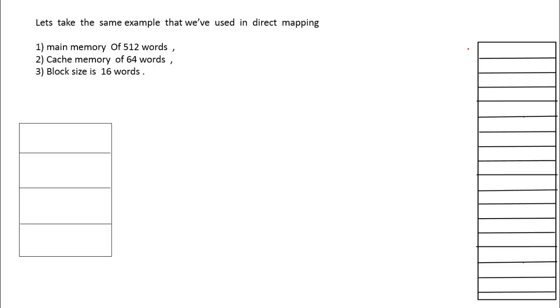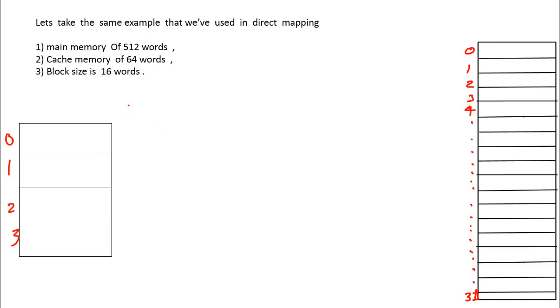So this will be the 0th block, then first, second, third, fourth, and because we have 32 blocks in main memory, it will go from 0 to 31. In case of cache memory, we have 4 blocks, and numbering from 0, we have 0, 1, 2, 3.